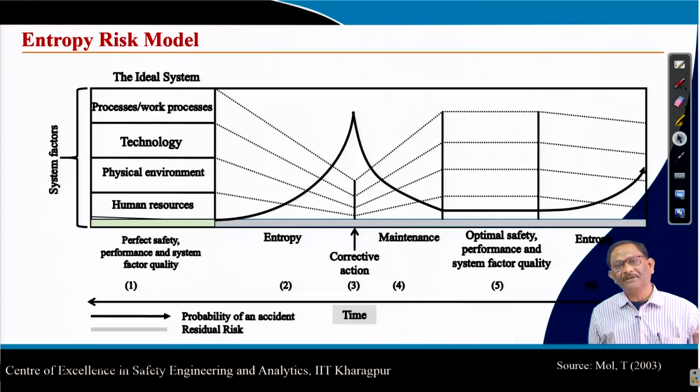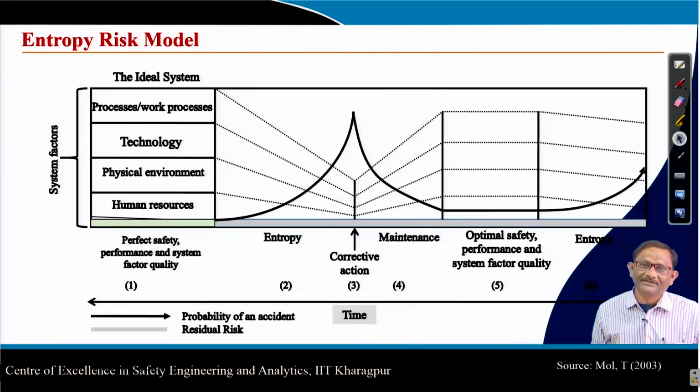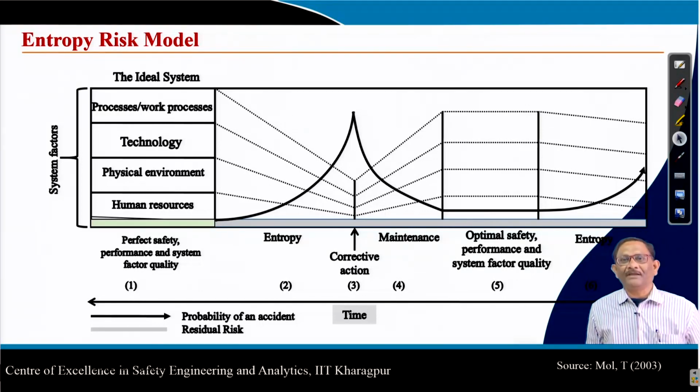So there is a possibility, even if the probability is very much less, very negligible, of something happening wrong.